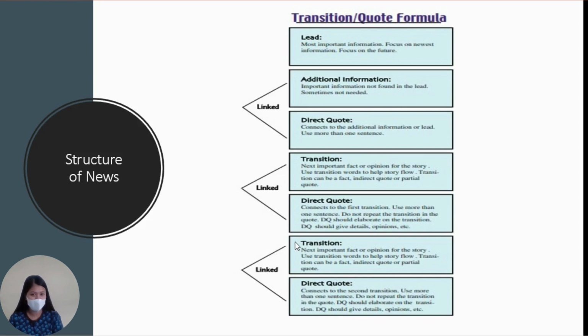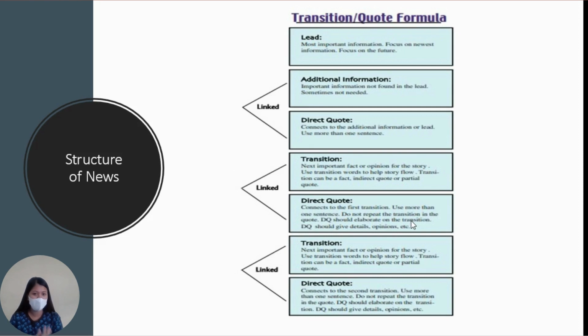Next, again, would be another transition sentence if there are more information or additional information that you would like to discuss. Another transition sentence that is the next important to the first transition sentence.